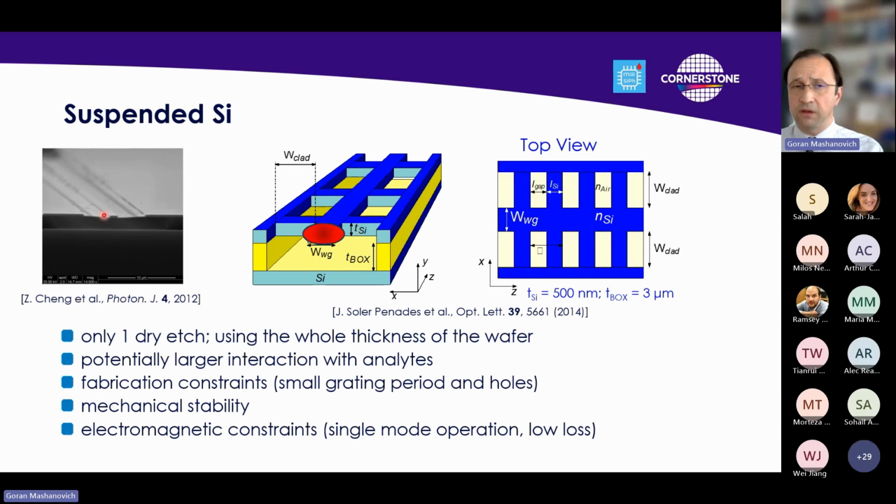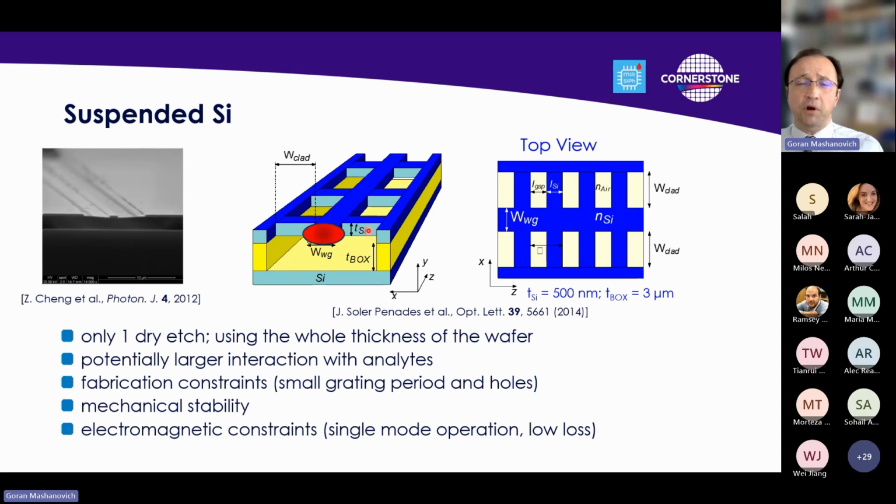So we don't thin this region here to form the rib waveguide. And you can hardly see, but there is some sagging. There is bending of this structure because this part here is quite thin. So we're using the full thickness of the wafer.